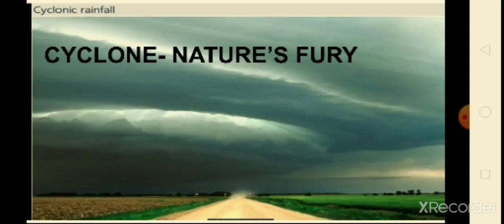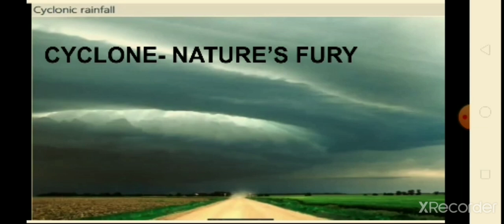It intensified into a supercyclone and hit the area in Odisha on 29th of October at 10:30 am. So you can understand the kind of damage and the intensity of the cyclone.